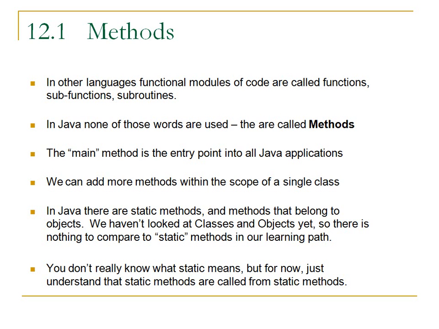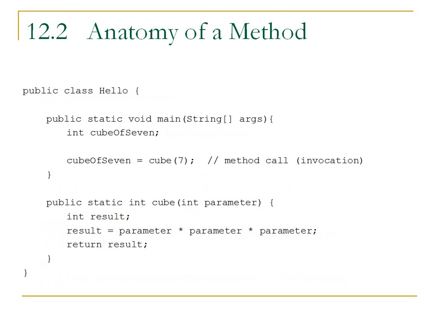Okay, so let's look at the anatomy of a method. Here is a class which I creatively called hello, and this class goes from here to here. So this whole slide is one class, and what you're used to seeing is the public static void main, which is the main method, and now we're going to add another method inside of the same scope.